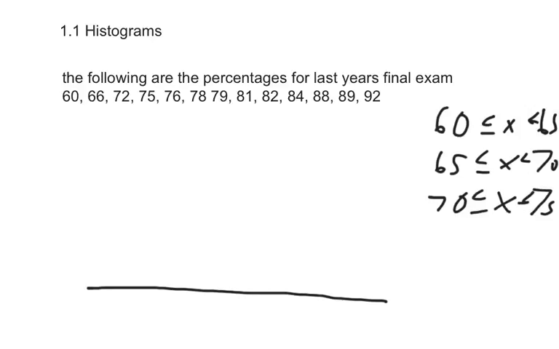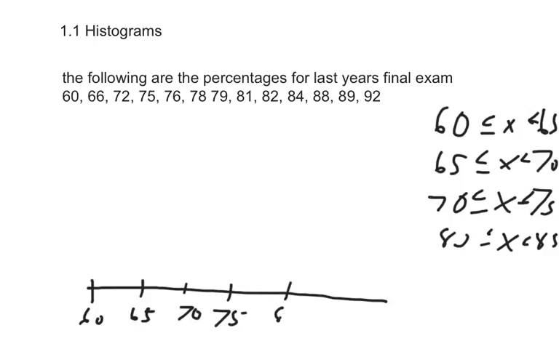Now in this we have a few different ones. So here's 60, 65, 70, 75, 80, 85, 90, and 95.